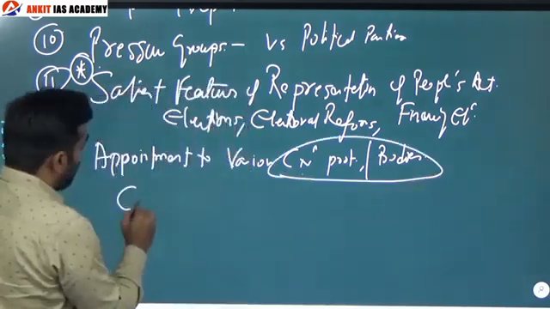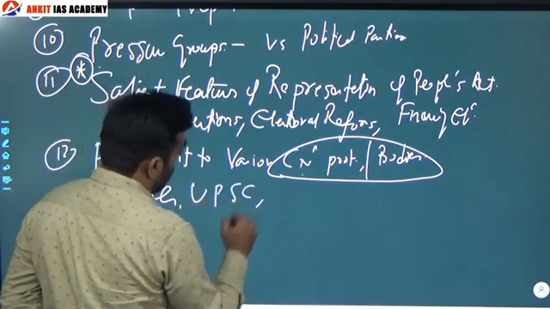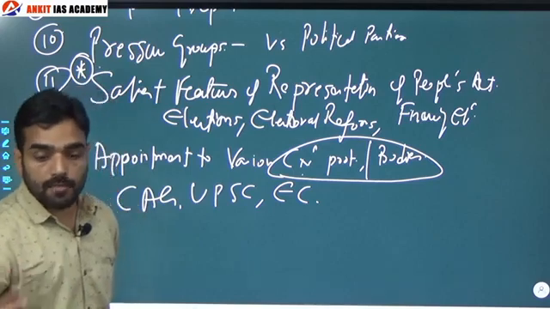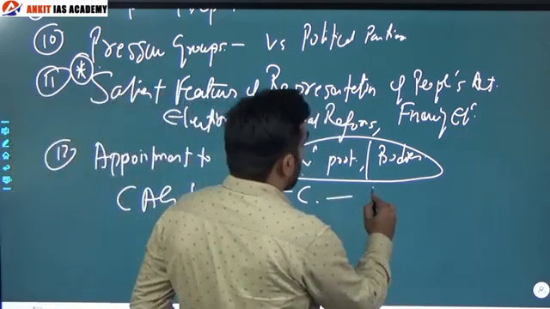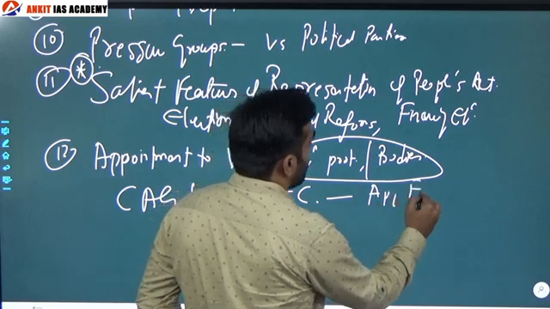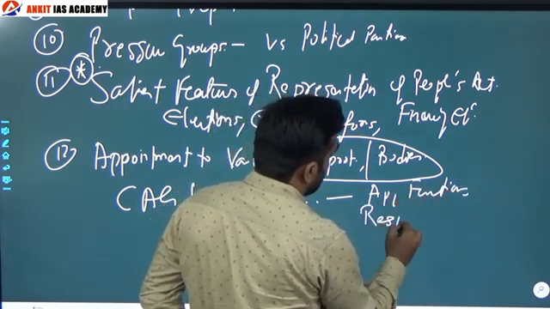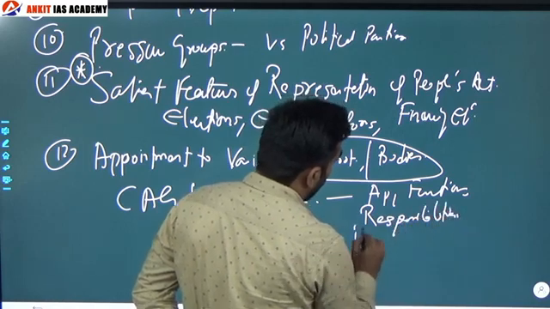It can be the Comptroller and Auditor General of India, UPSC itself, or appointment to the election commission, appointment of election commissioners. And you will see in this their appointments plus their functions, responsibilities, and reforms needed.